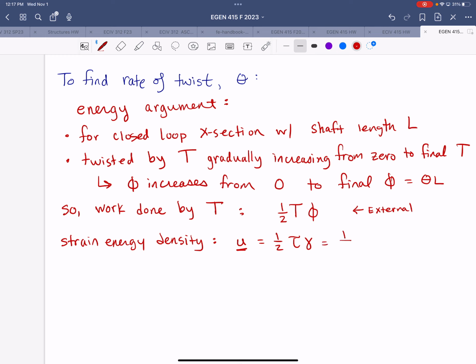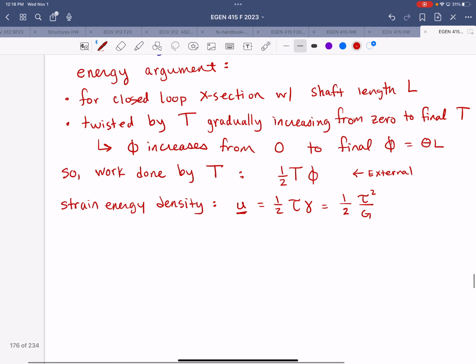or making our constitutive relationship substitution, 1/2 times tau squared over capital G. And then our strain energy, capital U, is equal to the integral of the strain energy density over the volume.